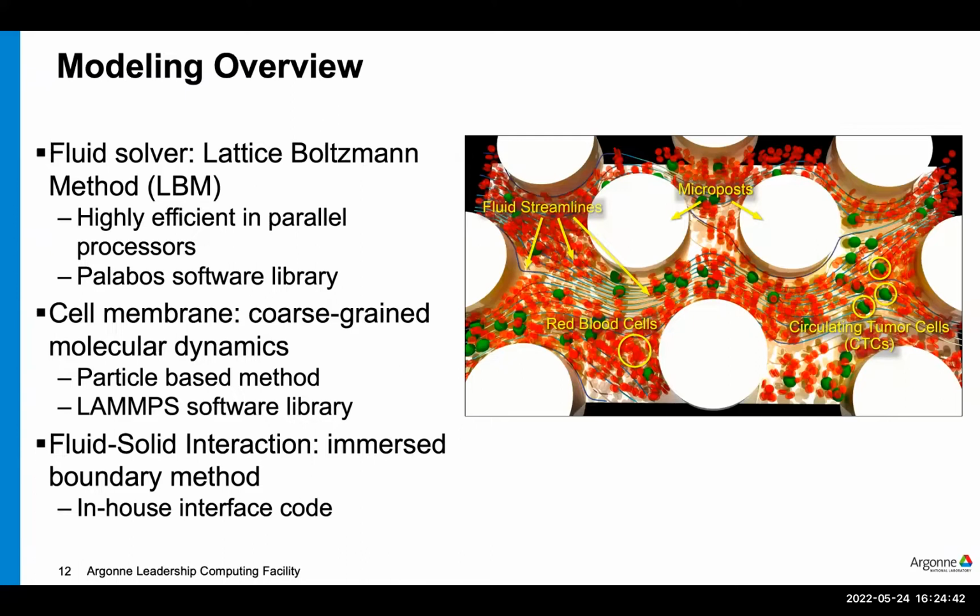And then the red blood cells and the tumor cells, which are the red and green blobs you see there, membranes, those were calculated using the fine-grained molecular dynamics code implemented in LAMMPS. And then the two were coupled using a merged boundary layer method, and that was implemented by our collaborators.